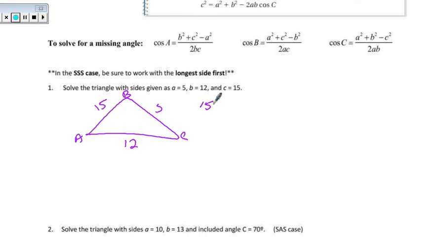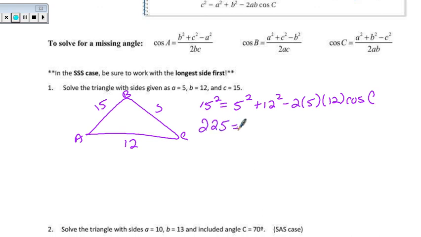So we're going to have 15 squared is going to equal 5 squared plus 12 squared minus 2 times 5 times 12 times the cosine of angle C. From here, it's just kind of whittling through the arithmetic of it all.